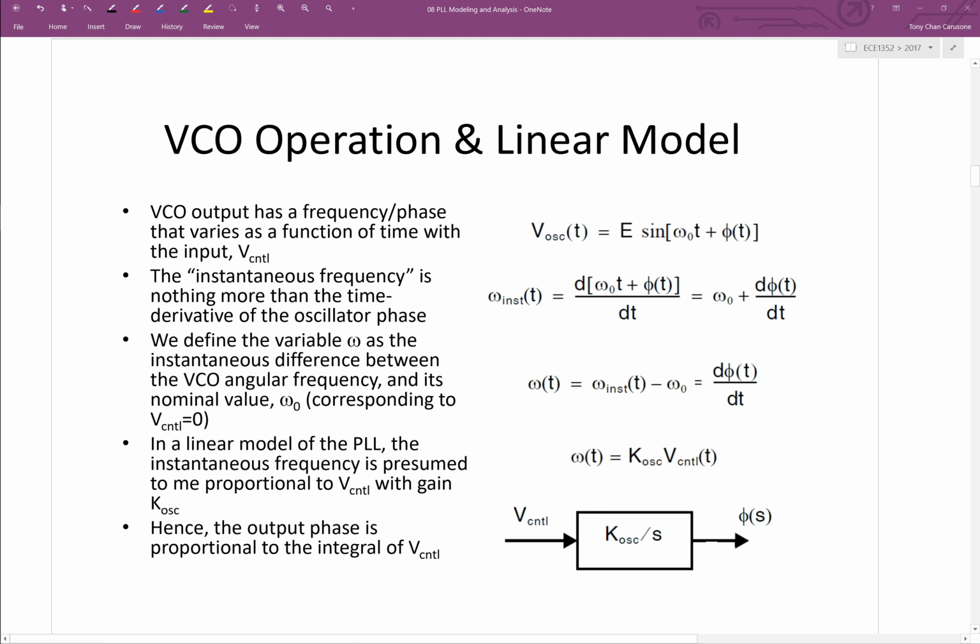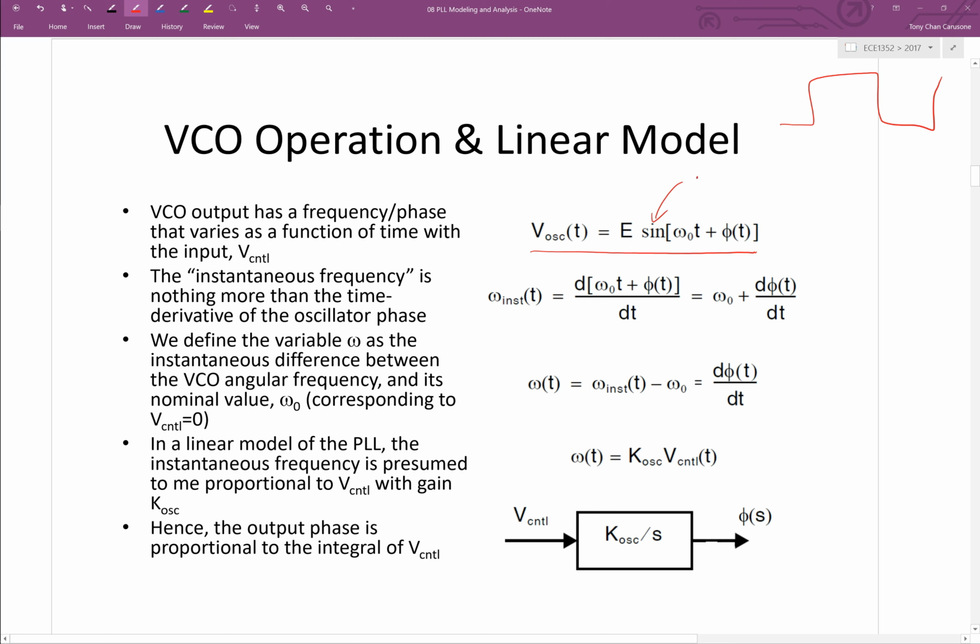So to get at that, start out with this really general expression over here, where we recognize that the output of the VCO is actually a time varying voltage, Vos, and that can be written as a sinusoid, really without loss of generality. I mean, if the waveform happens to be more rectangular, that's fine.